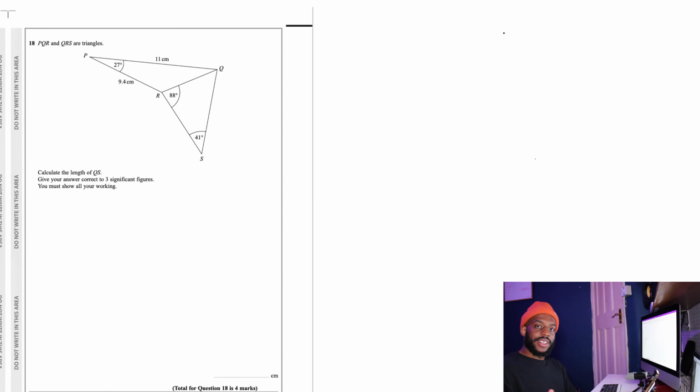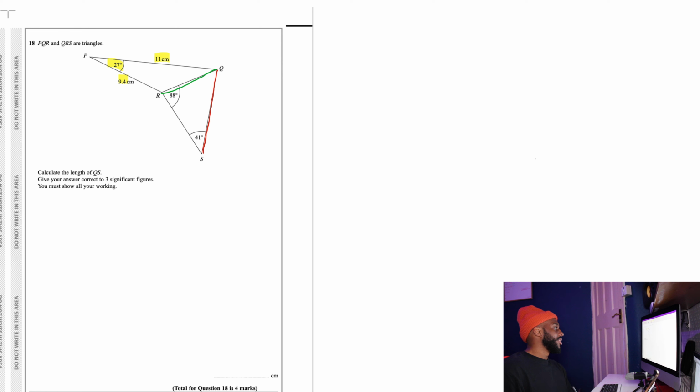Okay, so we have a cosine/sine question. So it wants us to calculate the length of QS. So that's this side here. To work out the length of QS, we need to first find the length of RQ using the values in this triangle on the left.